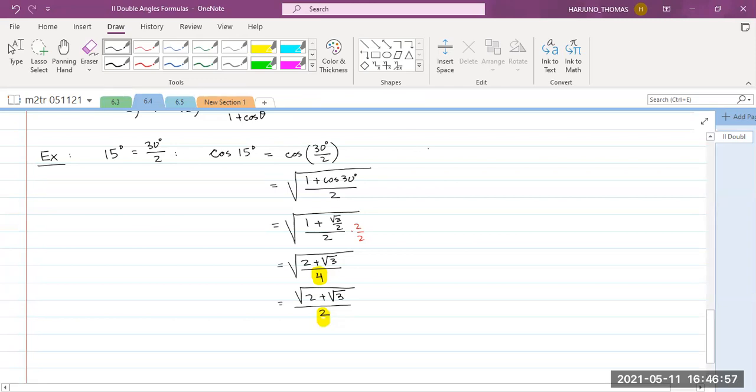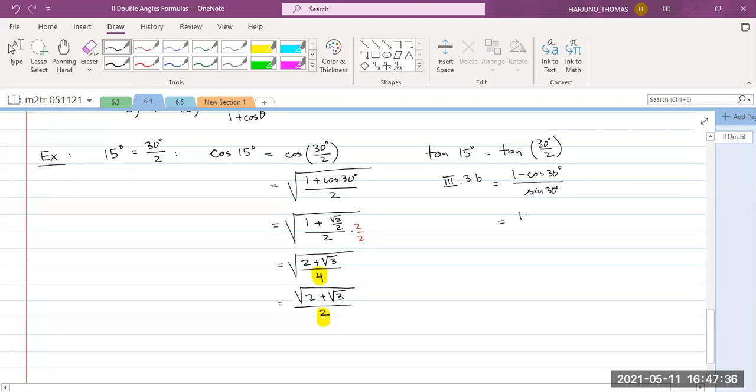Now let me show you how to work on the tangent. Tangent 15 degrees, that's tangent of 30 degrees over 2. Now suppose I use formula group 3, number 3, the second variation, which is 1 minus cosine 30 degrees over sine 30 degrees.